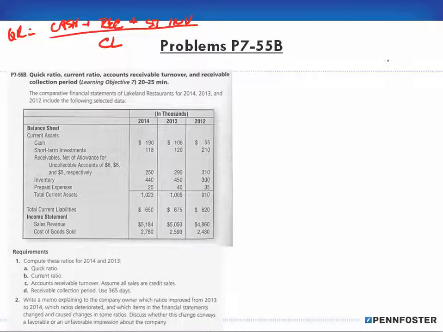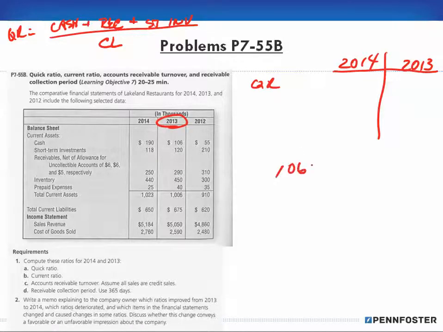All right, so in this case here, in 2013, I'm going to put 2013 here, and I'm going to make this 2014. And so we're going to go quick ratio here. So the math for 2013: we need our cash, which is 106, plus our short-term investments, 120, and then our net current accounts receivable, receivables net of allowance for uncollectible accounts.